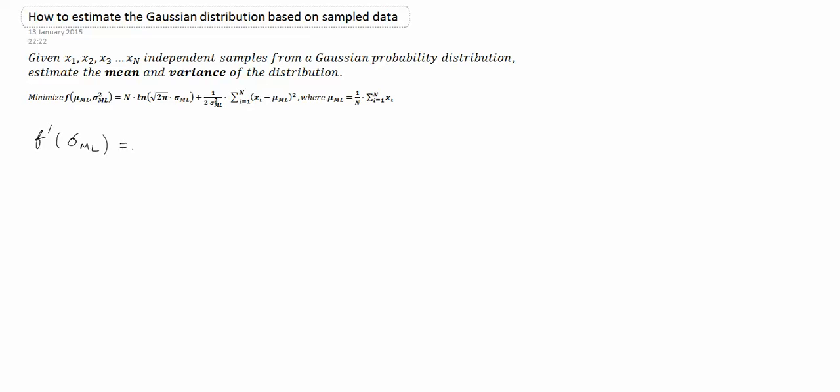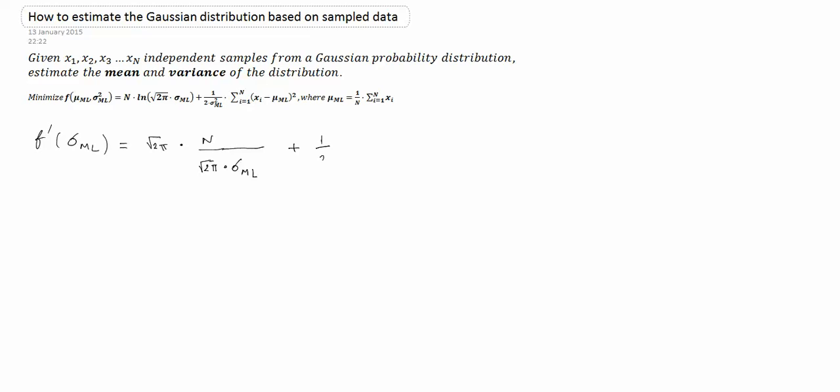equals, okay, so I have the derivative of a logarithm, and I get square root of 2 pi multiplied by n divided by square root of 2 pi multiplied by sigma maximum likelihood plus, okay, first we have to deal with the terms that are independent from sigma maximum likelihood.